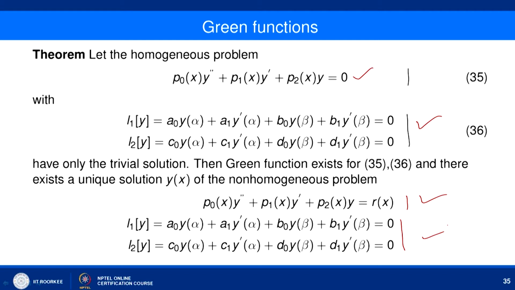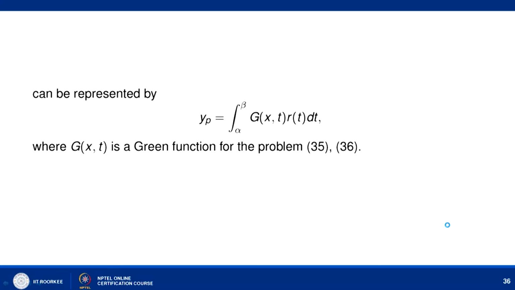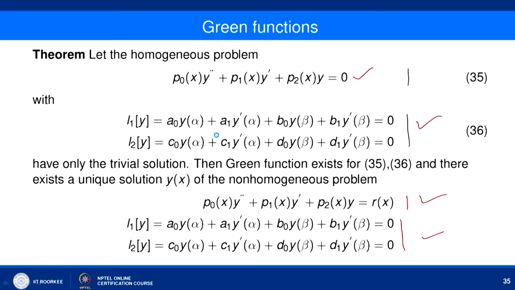The unique solution is given by the following formula, that is yp equal to the integral from alpha to beta of G(x,t) R(t) dt. Here alpha to beta is the interval in which we are finding the solution. Your homogeneous problem is given in terms of this alpha and beta. I am denoting the unknown function by y, a function of x, and x is lying between alpha and beta.